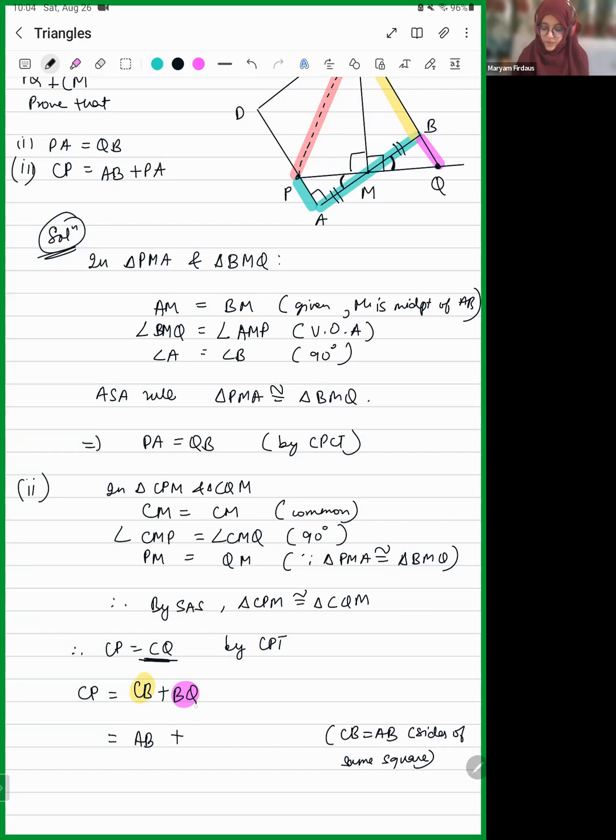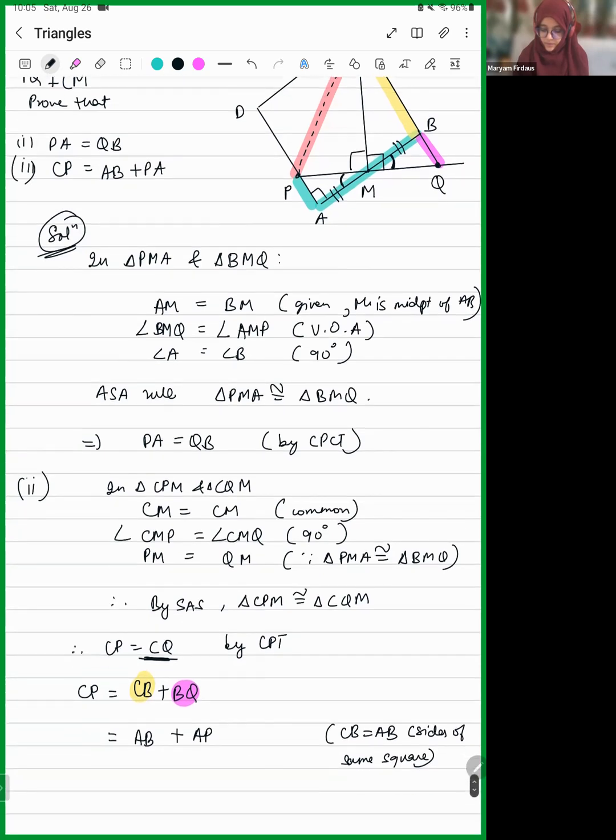Now BQ is equal to AP, or let's write PA, since by previous proof, PA is equal to BQ. So we have hence proven that CP is equal to AB plus PA. This is what we had to prove.